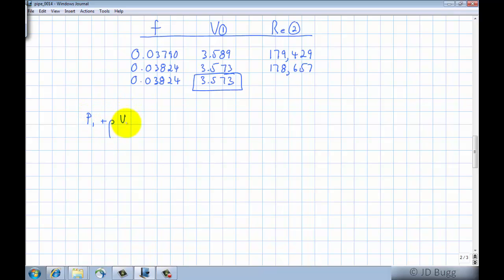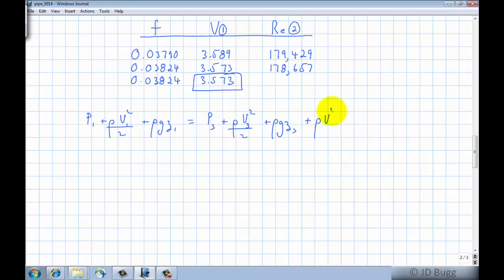So rho V1 squared over 2 plus rho g Z1 equals, all the way to the end, P3 plus rho V3 squared over 2 plus rho g Z3. So that's basic Bernoulli's equation, plus the losses as before.